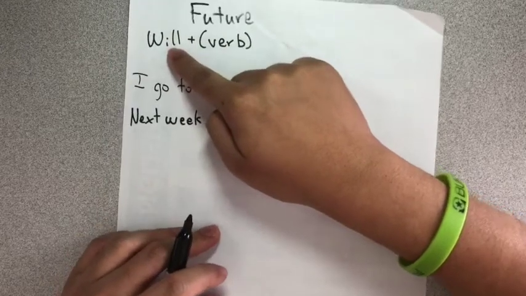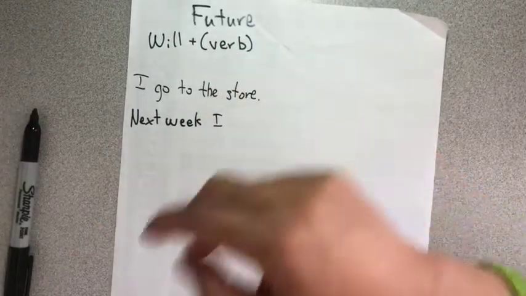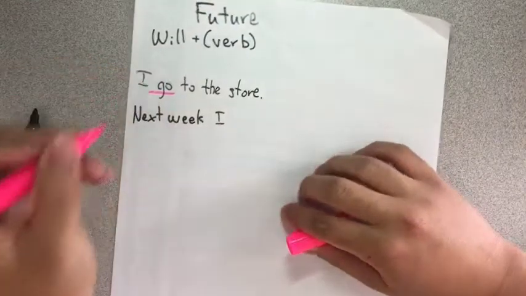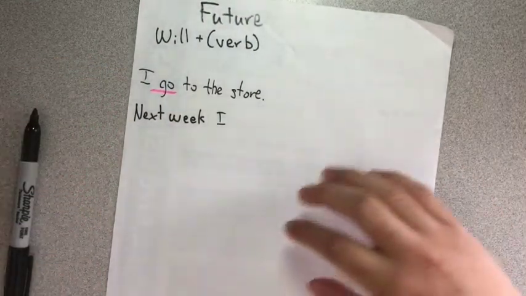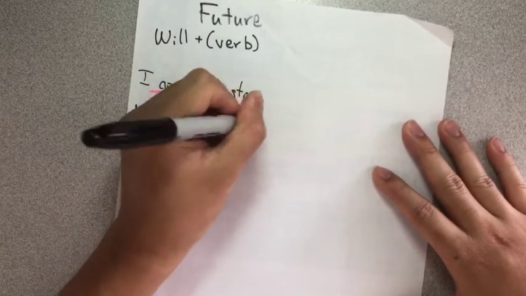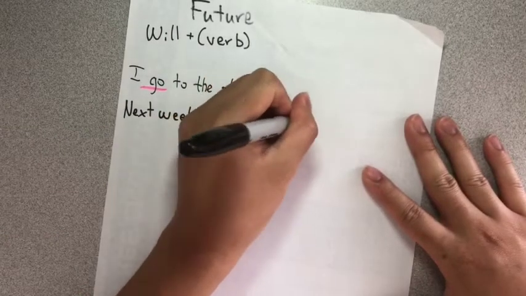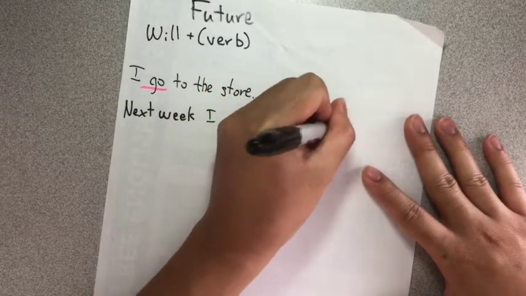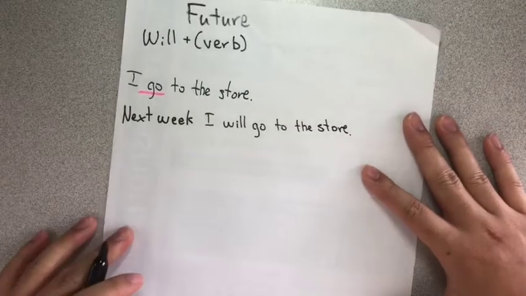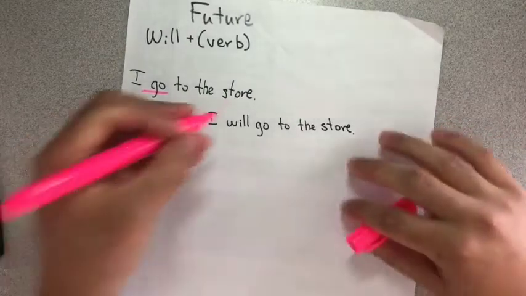We write will, and then we write the verb. The verb is go. So we write, next week I will go to the store. Next week I will go to the store.